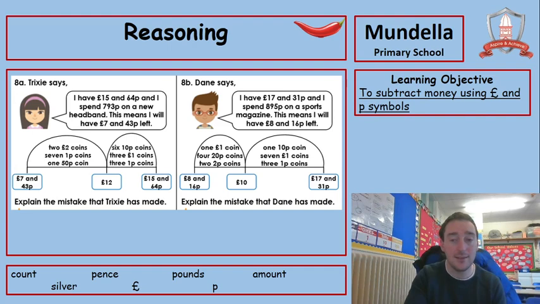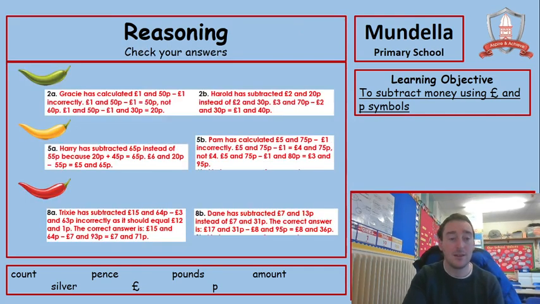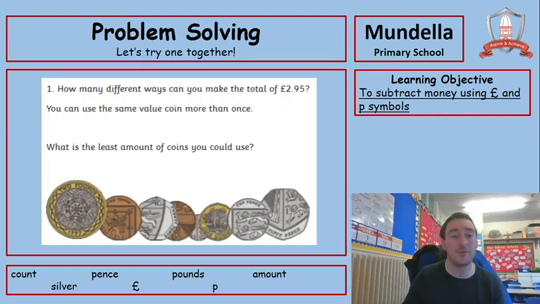Okay, we'll check the answers in 3, 2, 1. There we go. You might want to go back and check with the questions, because maybe your answers, especially with the reasoning, might be written a little bit differently to how it is here. And then once you're ready, we'll move on to the problem solving.